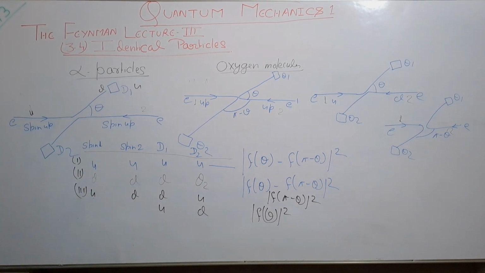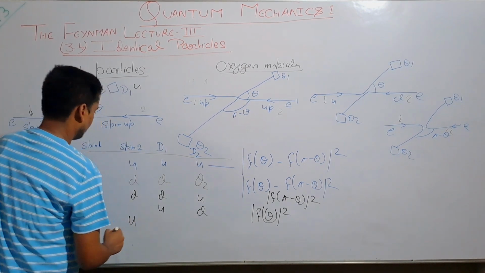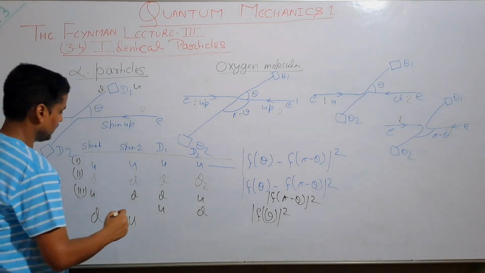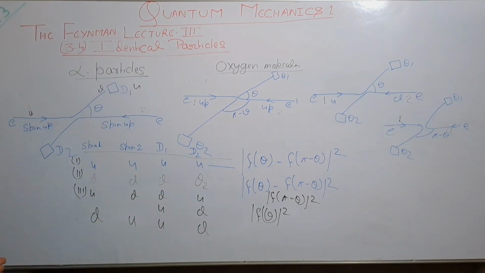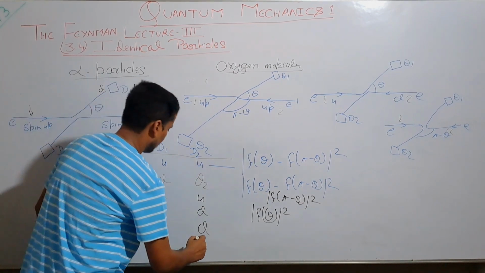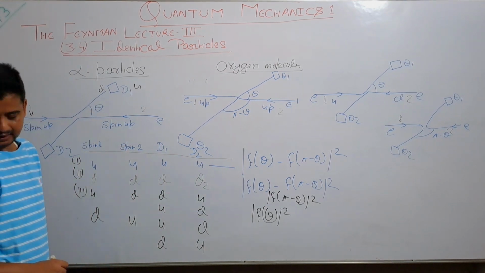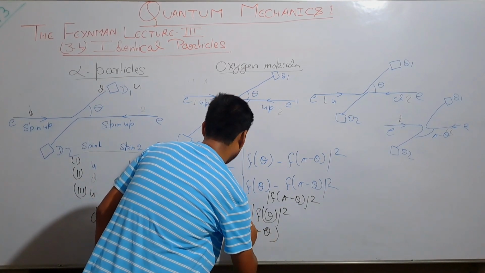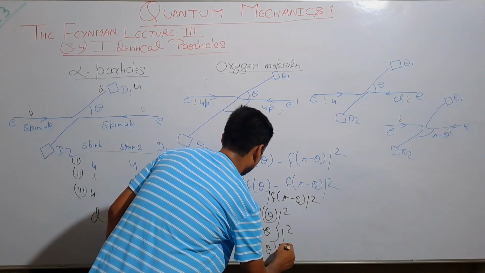The fourth one is where electron 1 has spin down and the other has spin up, and at D1 we are getting spin up and down. Again in the second case we are getting spin down for the D1 detector and up for the D2 detector. Then what will be the probability in that case? f(pi minus theta) squared when spin was changed, f(theta) squared when there was no change in spin.